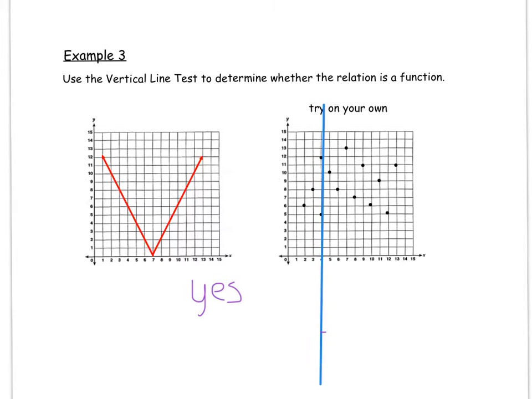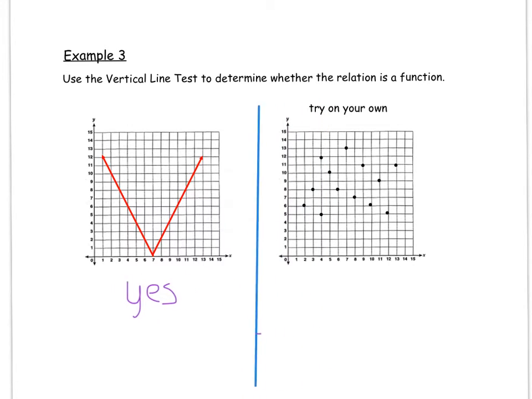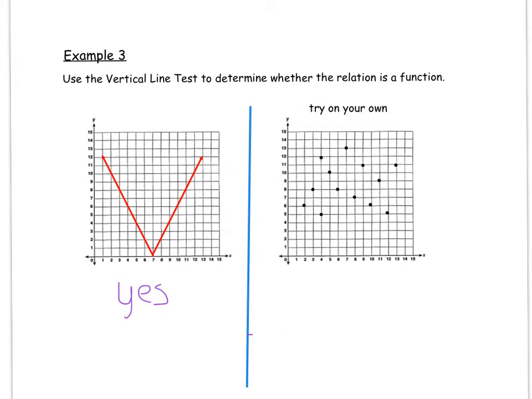So when the input is 4, there are 2 outputs, 5 and 12. So because for this point right here, when our input was 4, there are 2 outputs, no, this one is not a function. And again, I would not just say yes or no, I'd explain it. No, for the input of 4, there's 2 outputs. And for the yes, for every input, there's only one output.